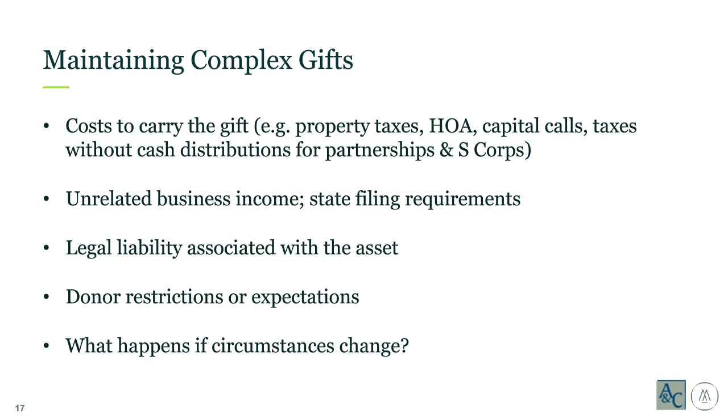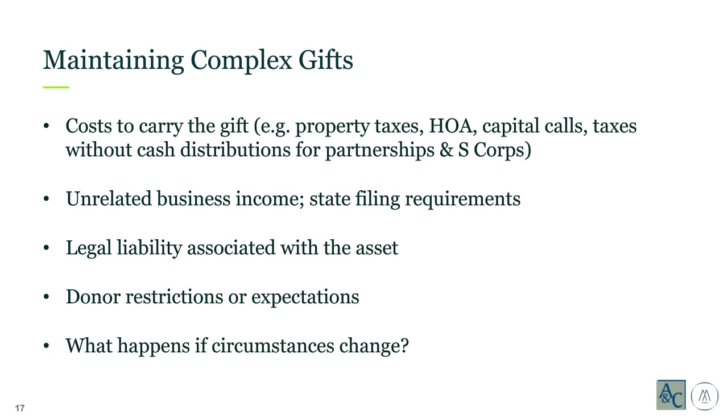The code is written such that if you get income that's related to your exempt purpose or is a passive type or specially excluded from being taxable income, then you are treated as either a corporation or a trust, a taxable entity, and have to pay income tax on that income that's not related to your exempt purpose. That's how we get the unrelated business income term.